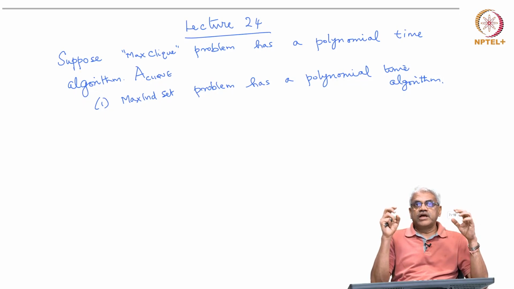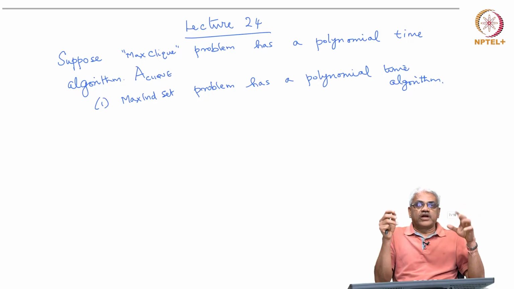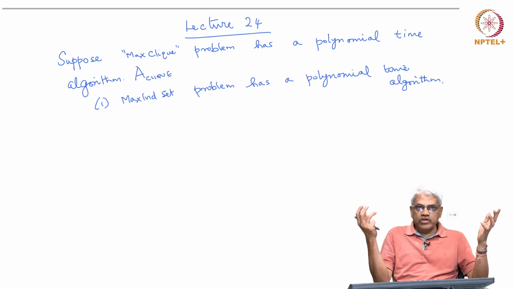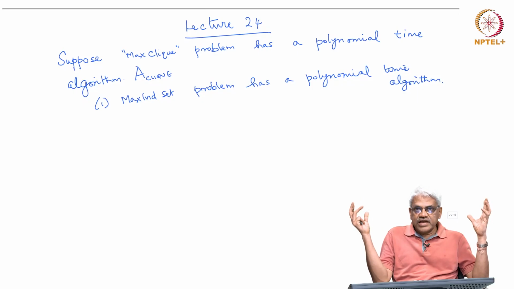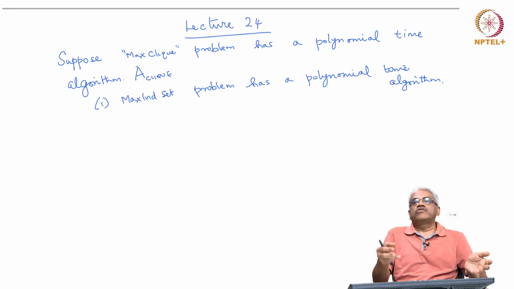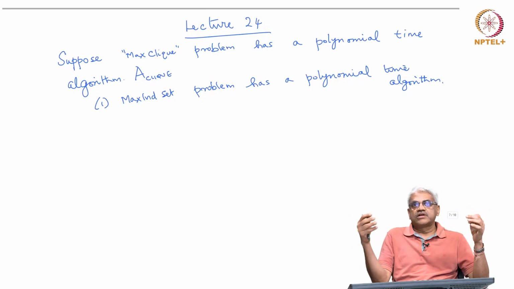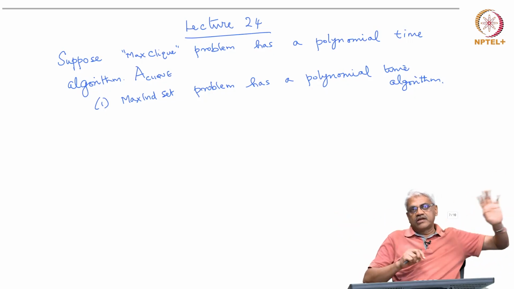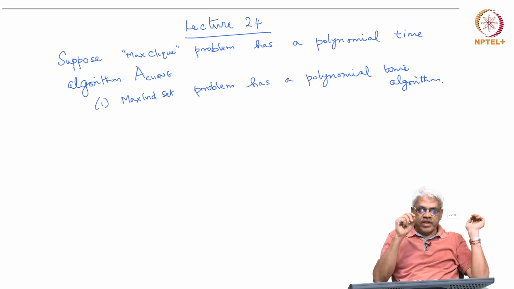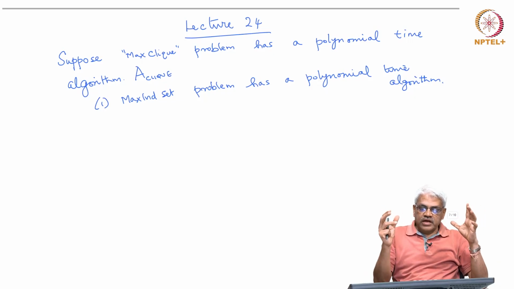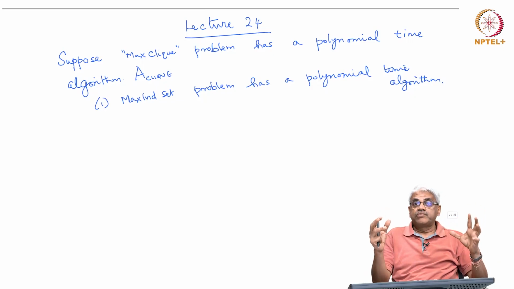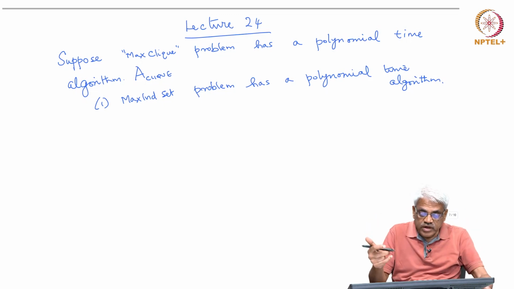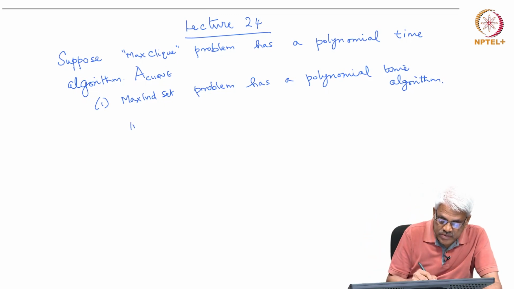Remember, both of these problems take an arbitrary input graph and are supposed to come up with an answer about the max clique or max independent set. Now, suppose max clique has an algorithm A clique. I want to tell you that the maximum independent set problem can be solved in polynomial time.